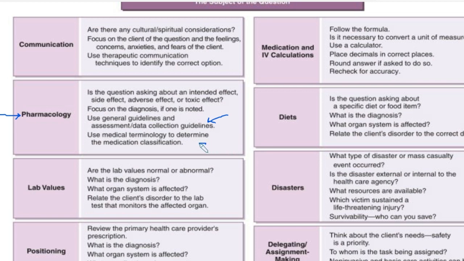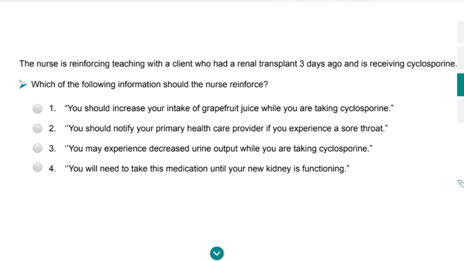If there's any terms or anything that we're not familiar with, sometimes that medical terminology definitely comes in handy to determine the medication classification or the definition and meaning of certain terms and words. Let's go through our options next. So once you go through your case event, you've gone through your query, next is to go through each option, reason it in or out, and know why.